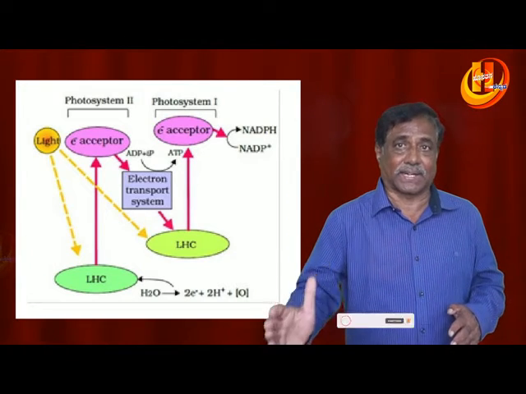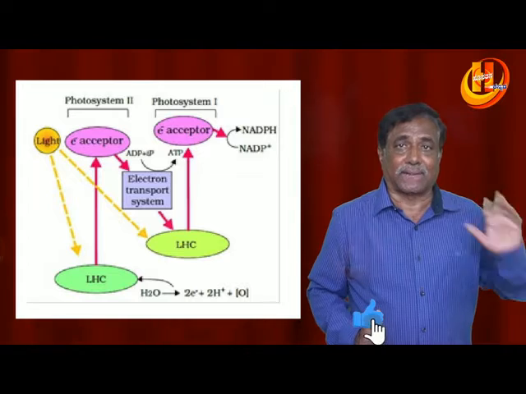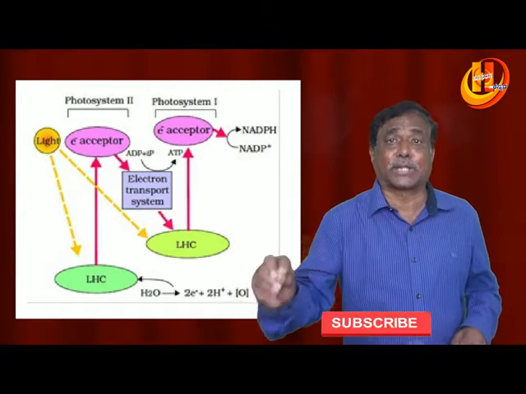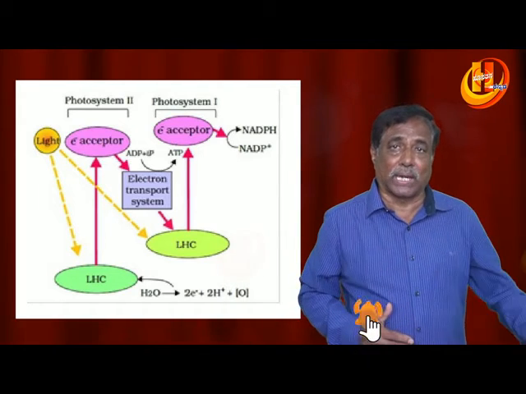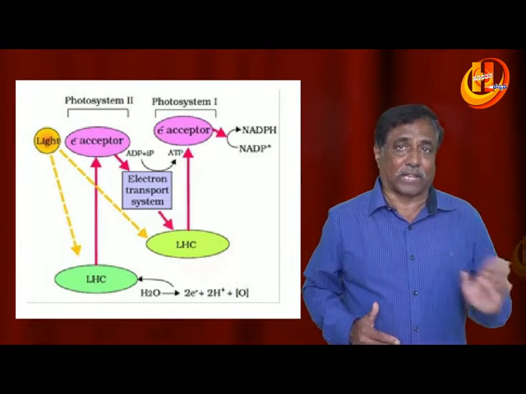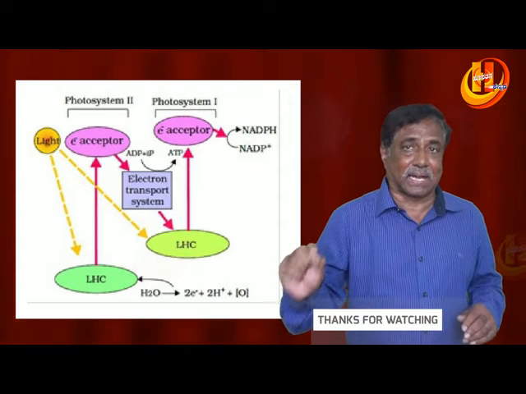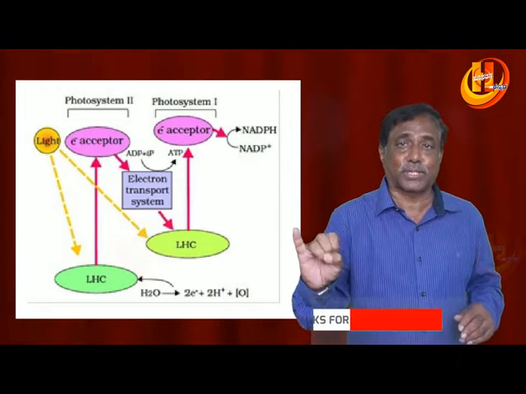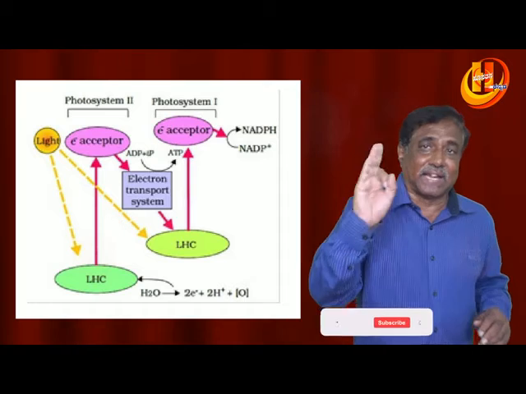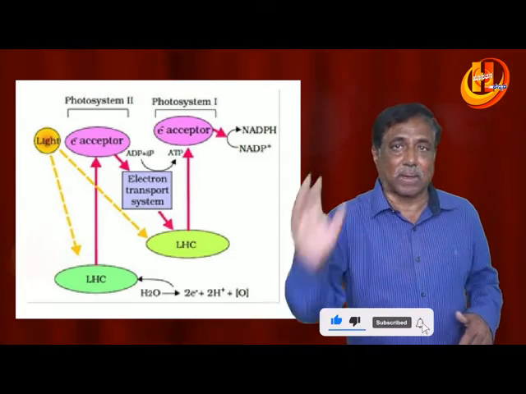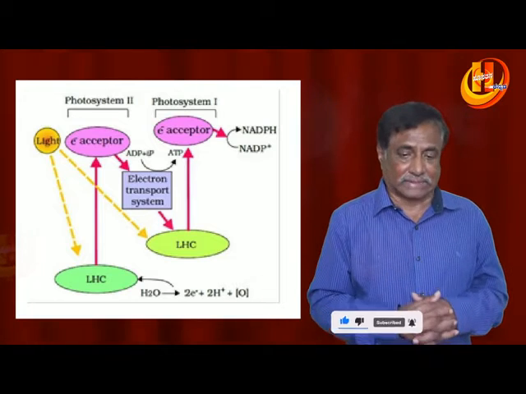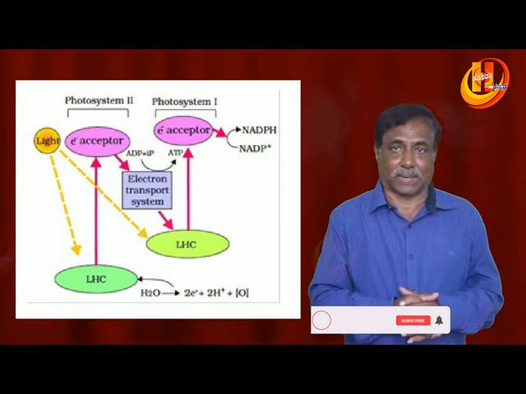In PS2, photoionization of water takes place, connected to the OEC, the oxygen evolving complex. The end products in PS1 are only ATP, and the end products of non-cyclic photophosphorylation are NADPH2, water, oxygen, and electrons.